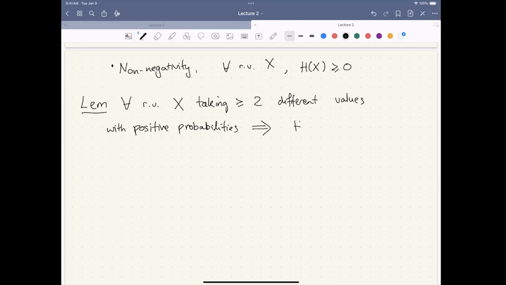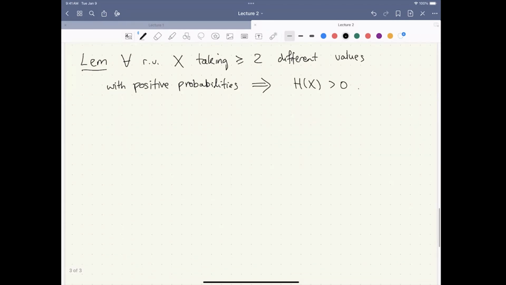Then we get a positive amount of information from it, which also makes intuitive sense.